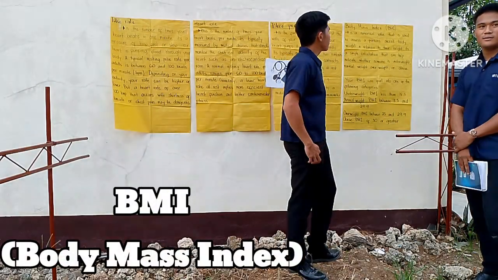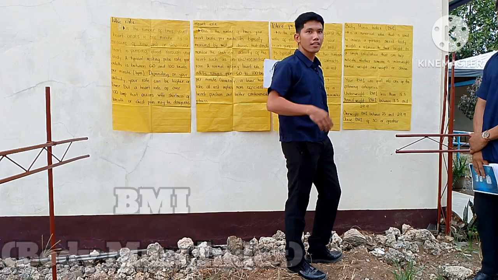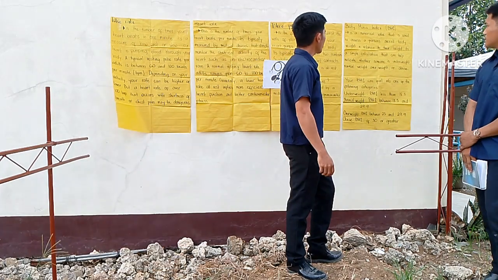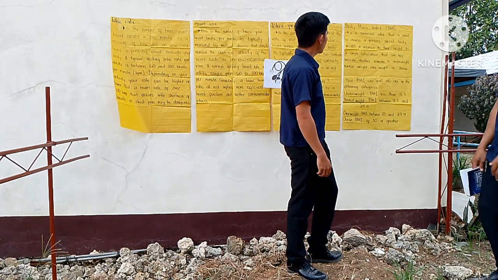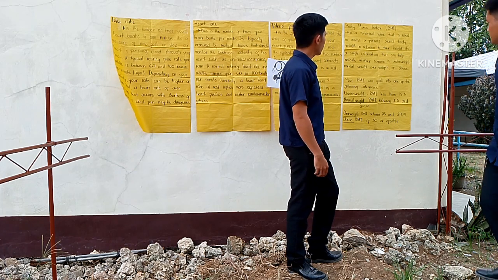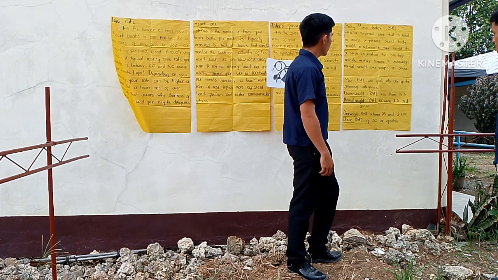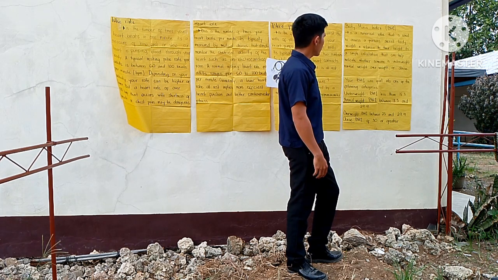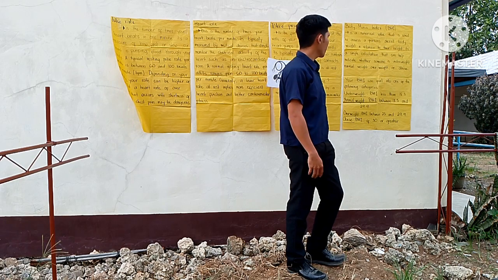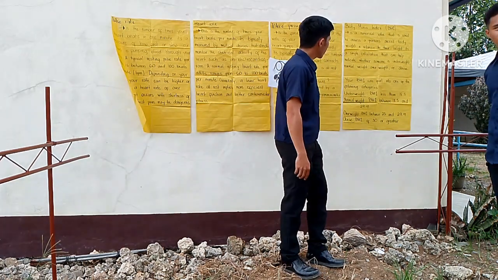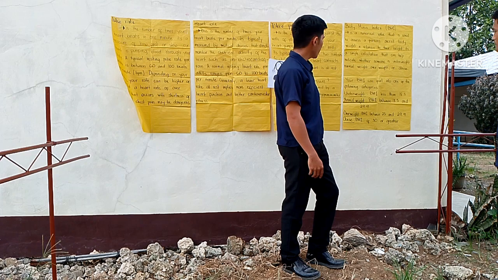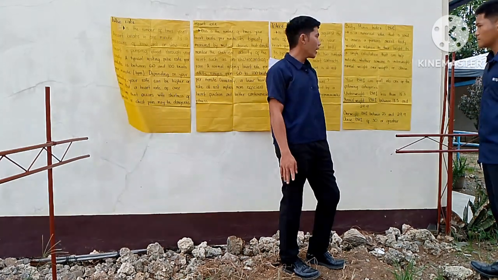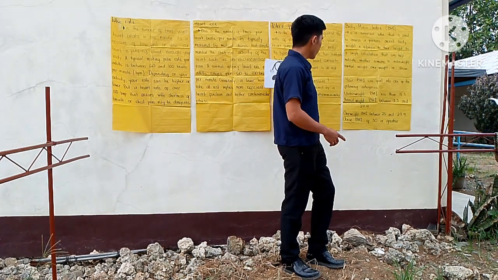Body mass index or BMI is a numerical value that is used to assess a person's overall body weight in relation to their height. It is a simple measure that can help indicate whether someone is underweight, normal weight, overweight, or obese.